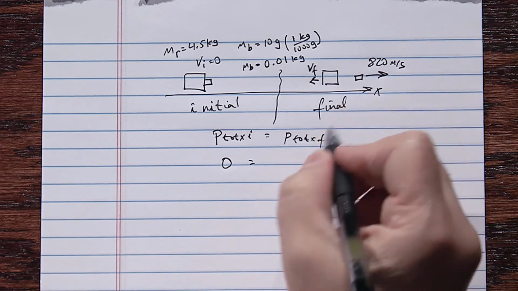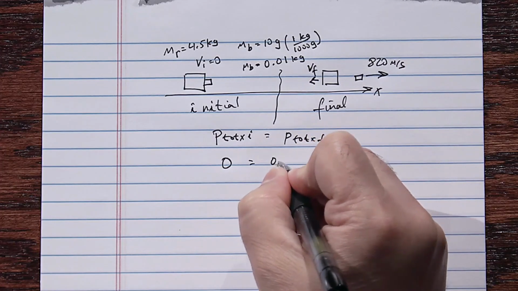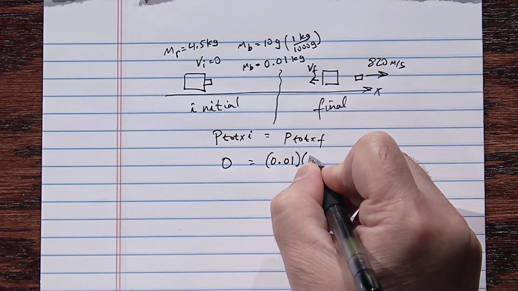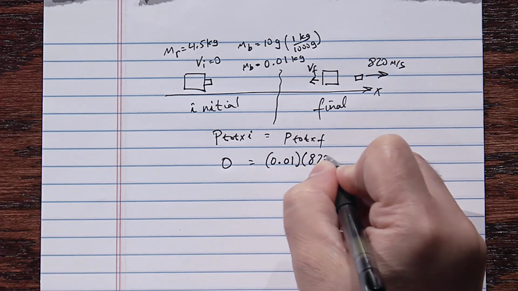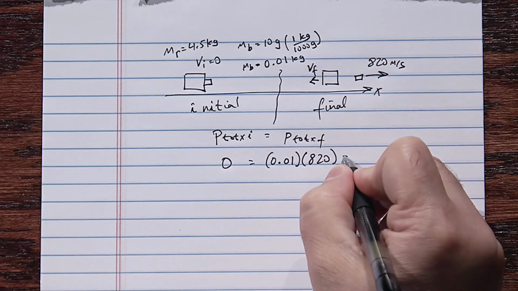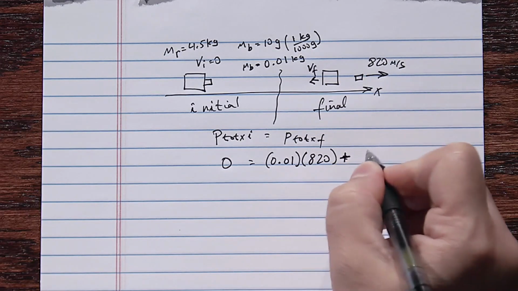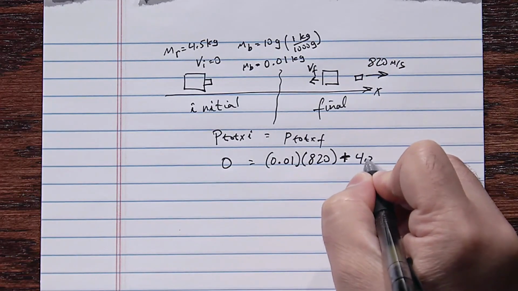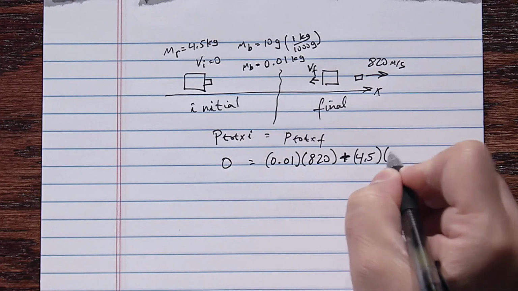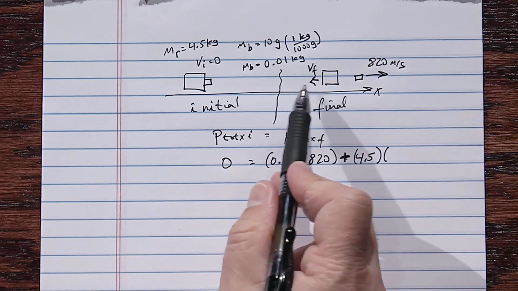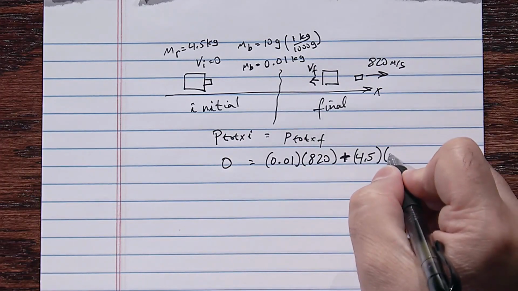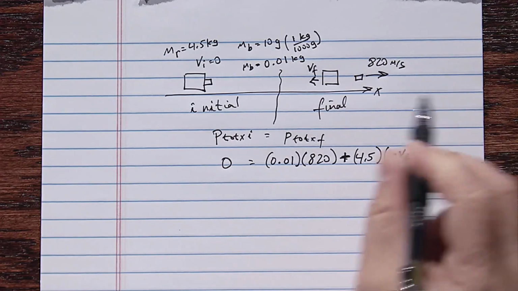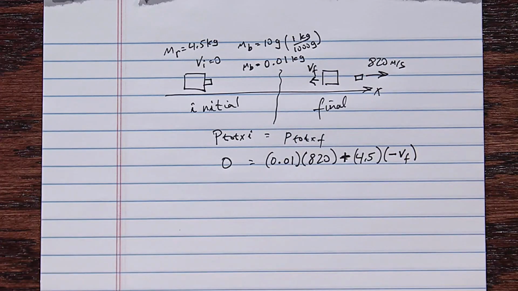Finally, we have the bullet, which is 0.01 kilograms, moving with a velocity of 820 meters per second, plus the rifle with a mass of 4.5 kilograms that's moving with V final in the negative x direction. So I'm going to put the negative in already, negative V final. So I'm assuming that it's moving in the negative x direction.